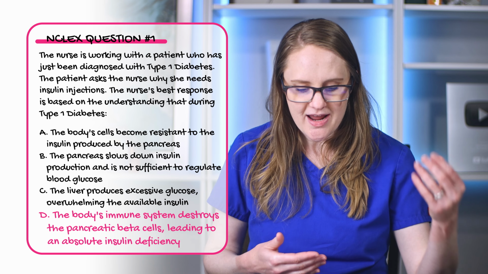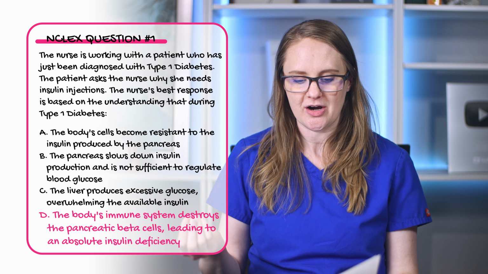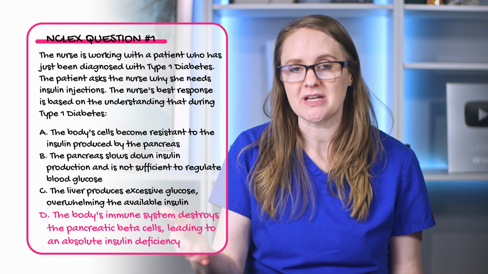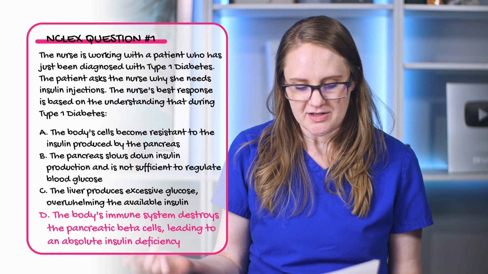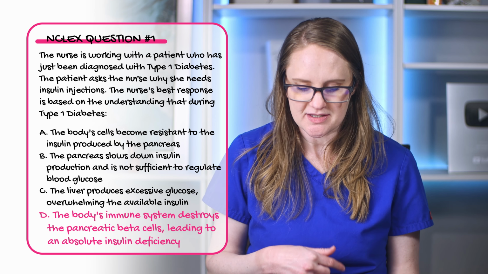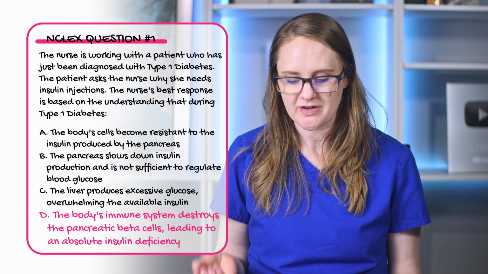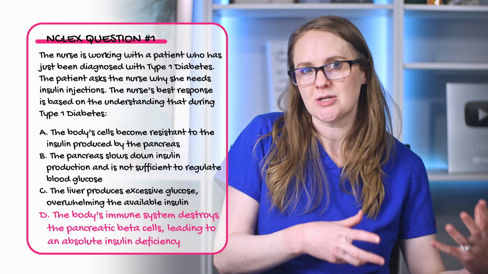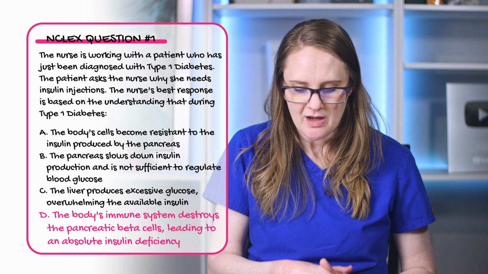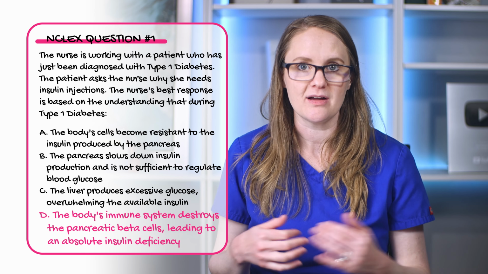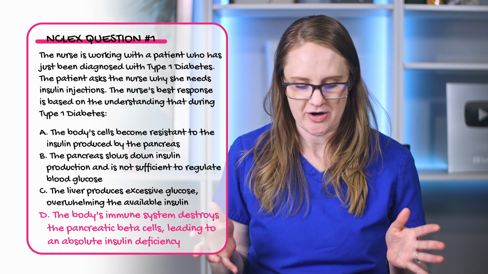Now with answer A, insulin resistance is the primary characteristic of type 2 diabetes, not type 1. Answer B is also wrong for the same reason. Insufficient insulin production is more characteristic of type 2 diabetes, where the pancreas might still produce some insulin, whereas in type 1 diabetes, there's almost a total lack of insulin production altogether.